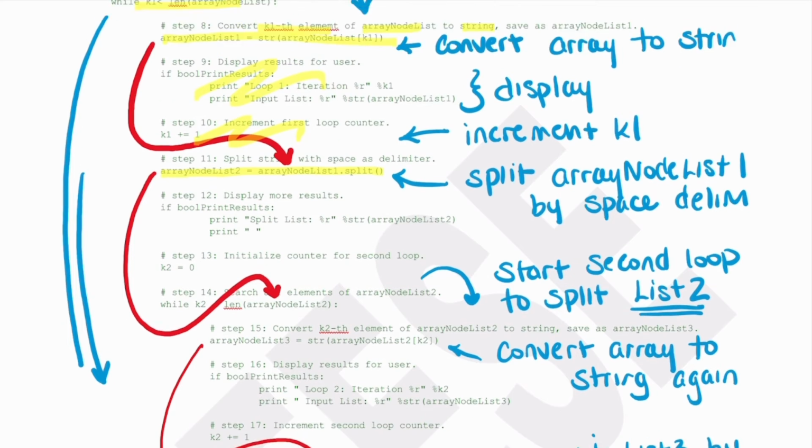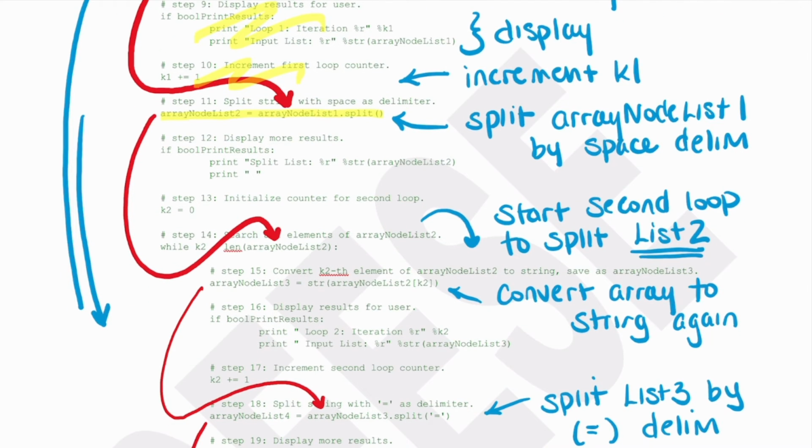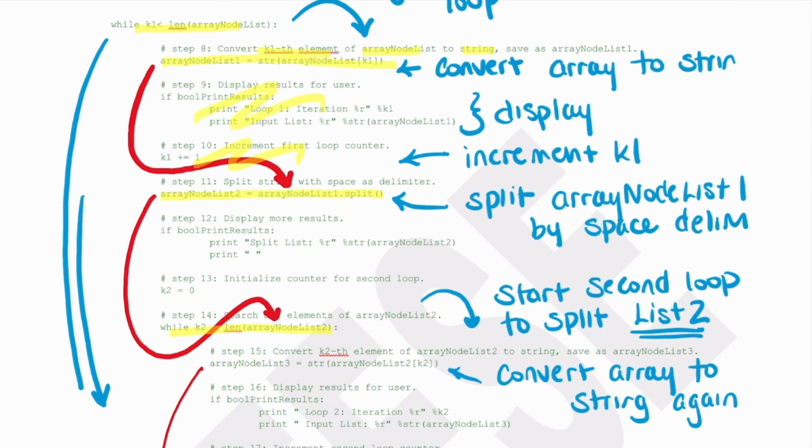Okay, so now that we've split array node list 1 into individual pieces, we are going to start a second loop, which is going to cycle through the individual pieces of array node list 2. So what you see is that it's a recurring pattern where we have a list, let's say this is list 0, okay, and that gets turned into a string to become list 1. We then take list 1 and we split it to create an array, which is list 2.